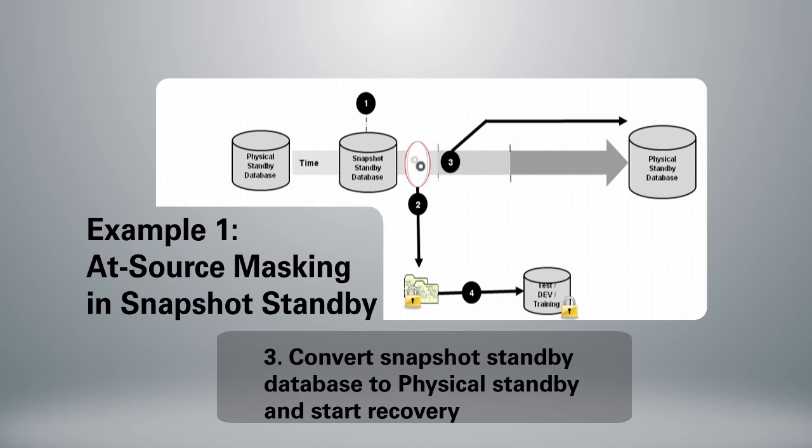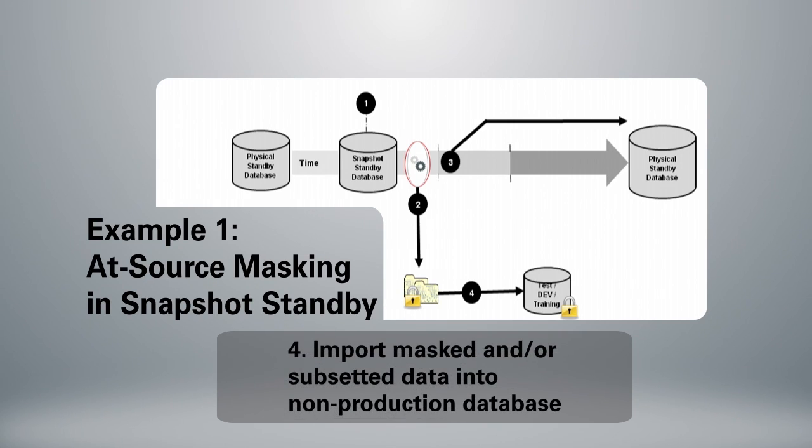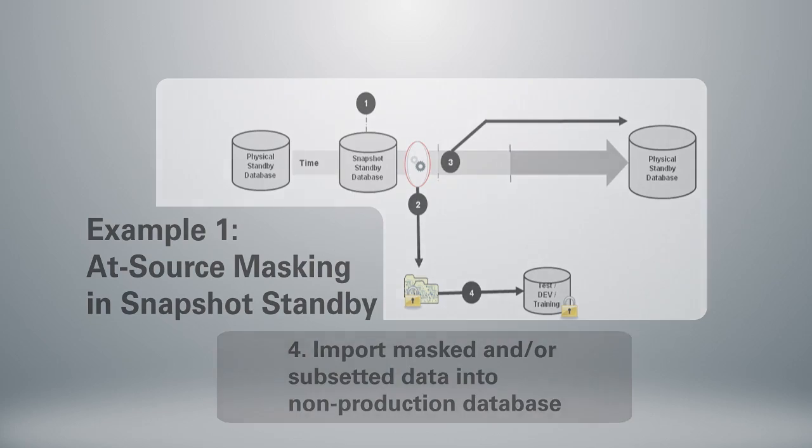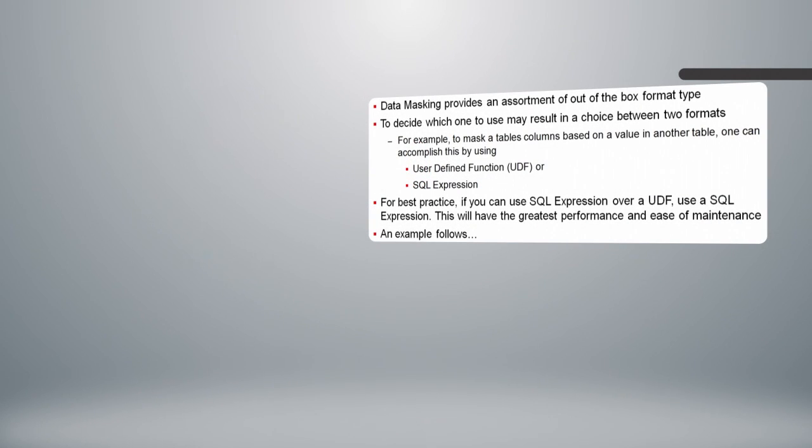Now, key point here is, even though you're not going to production, you are still getting the most recent data because the standby database was recovering up to the point in time where you converted it to a snapshot standby database. Okay? And then the final result: you have the export dump file, which is masked and/or subsetted, and imported into a non-production environment and shared.